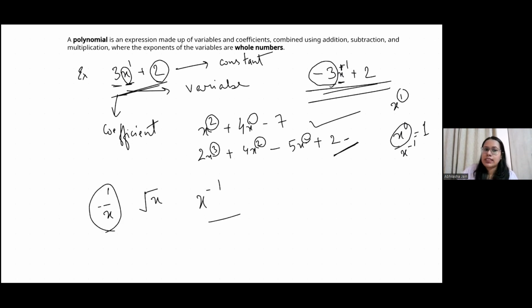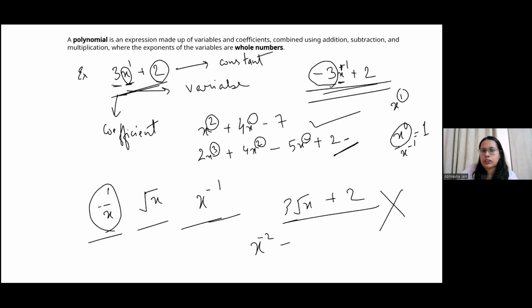So these values are non-polynomial. If this is present in an equation, so let's say 3 root x plus 2, is this a polynomial? No, this is not a polynomial. If I say x to the power -2 plus 4x minus 7, is this a polynomial? No, this is not.